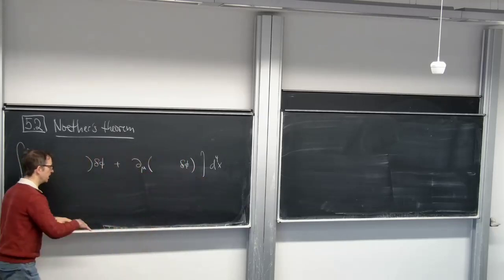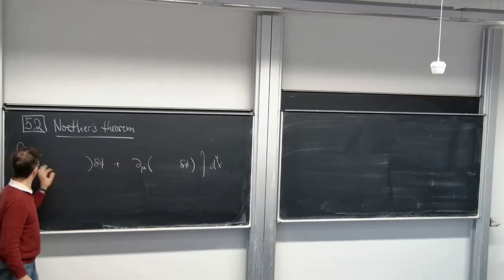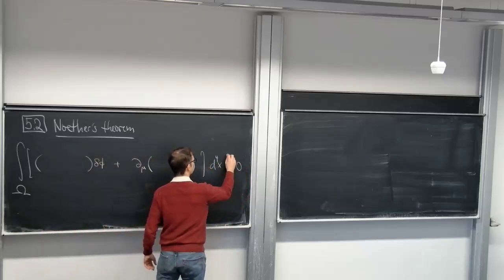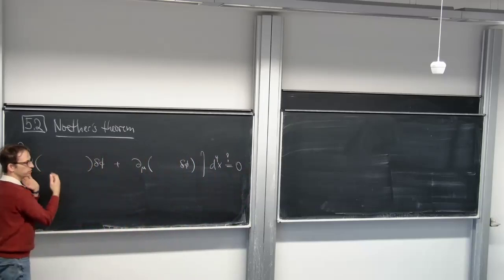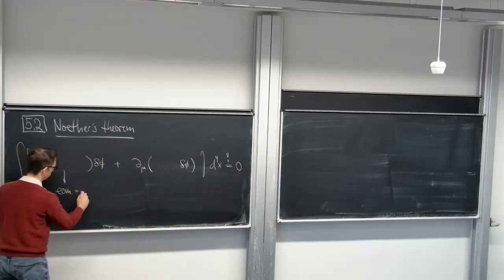Inside omega, the variation does not disappear. In fact, it's completely arbitrary. And we set everything to 0 by the principle of stationary action. If this is arbitrary and it should be 0, then this has to be 0 in the end. Whatever is written here is the equation of motion, set equal to 0.